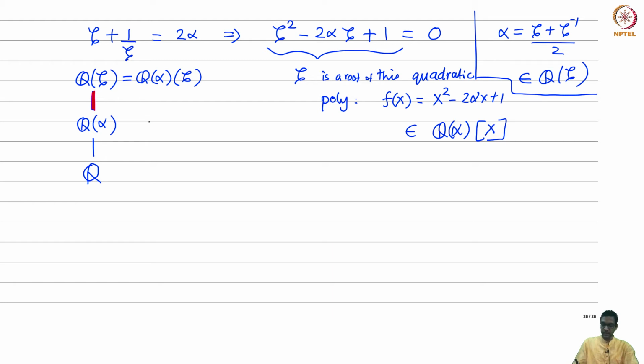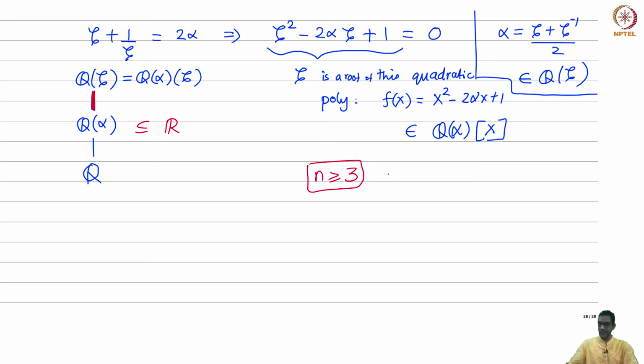Observe that Q(alpha) is actually a subset of the real numbers. Alpha is after all a real number. So Q(alpha) is purely real, whereas zeta is not real, right? Let me assume here that n is at least 3, because I'm trying to construct a polygon, so n must be at least 3 for it to be a polygon.